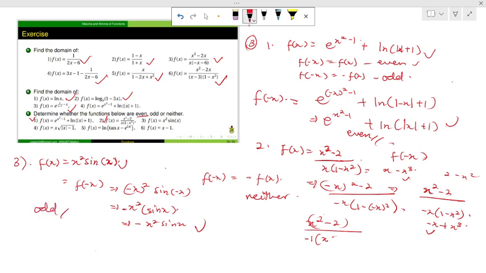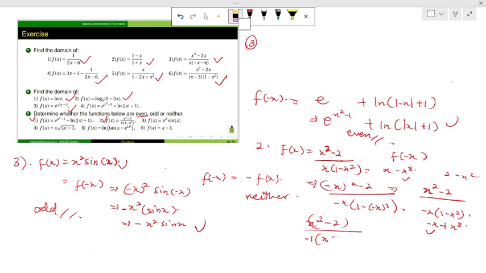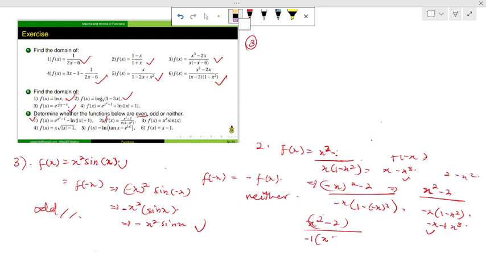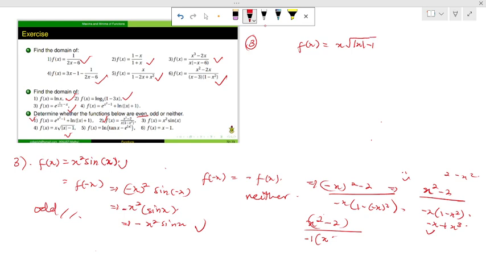Odd. Let's go to the fourth one. For the fourth one, I'm having f of x equal to x root of absolute of x minus 1, right?